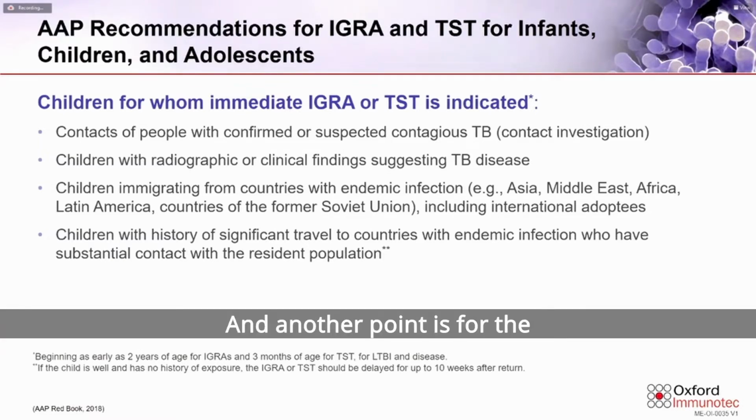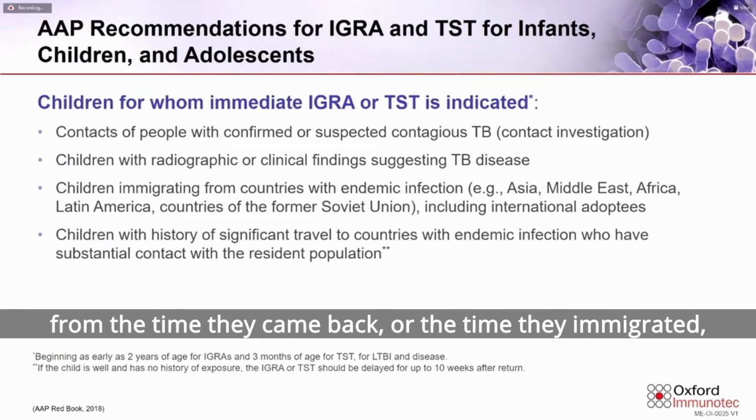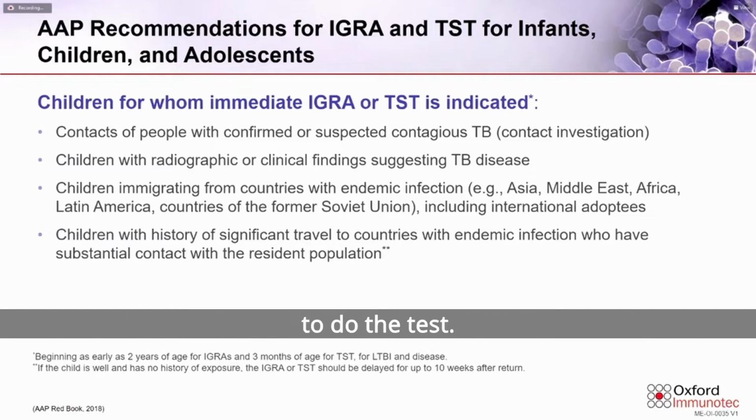Another point is that for children that immigrate from other countries or have significant travel to countries where TB is endemic, if they come to you asymptomatic and they just recently came, it's better to wait about 8 to 10 weeks from the time they came back or immigrated to do the test.